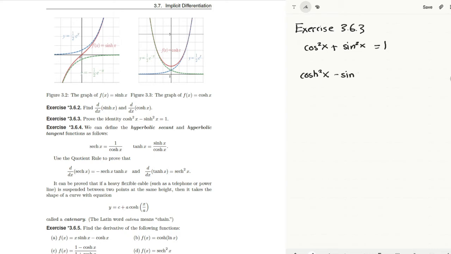So we'll start with cosh squared minus sinh squared, which by definition is e to the x plus e to the negative x all over 2 squared minus e to the x minus e to the negative x all over 2 squared.